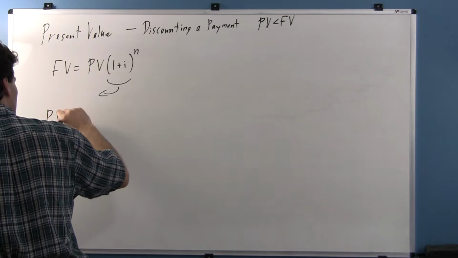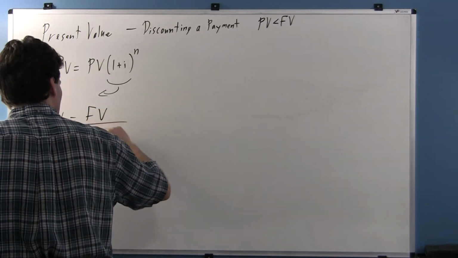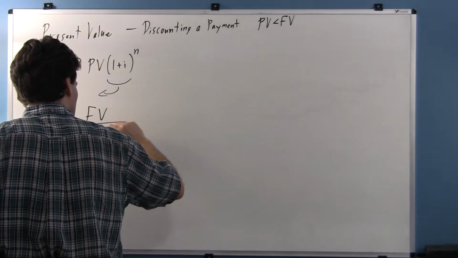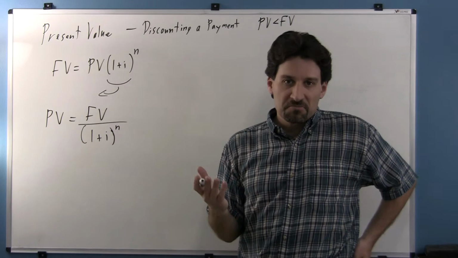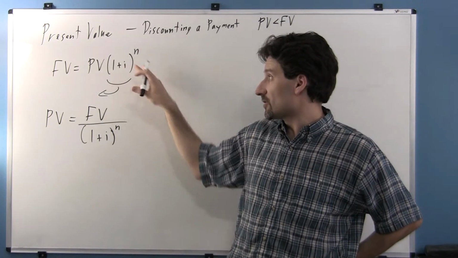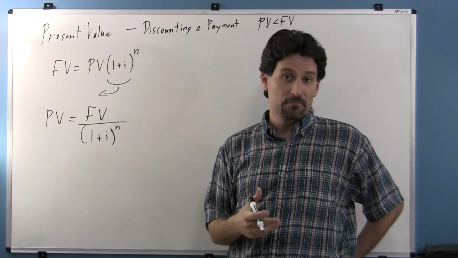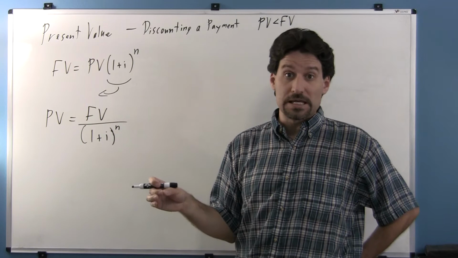So present value equals future value divided by bracket 1 plus i bracket to the n. We just divided that whole expression, whatever number it turns out being, to the other side, like we did with simple interest when we divided by the 1 plus rt term.